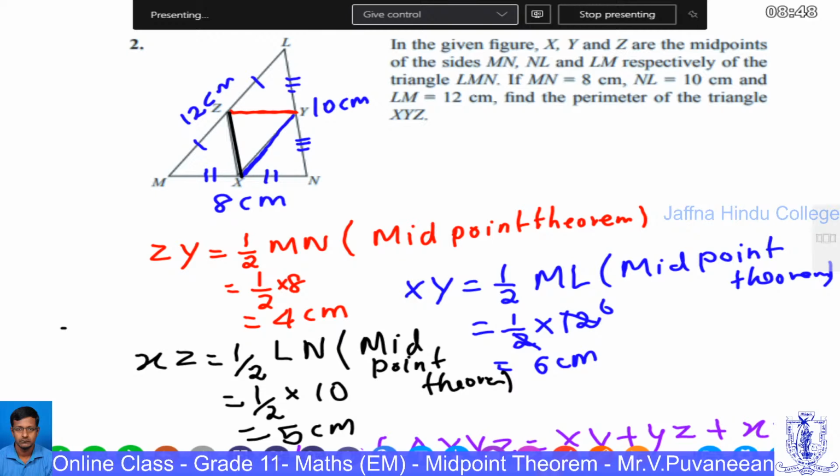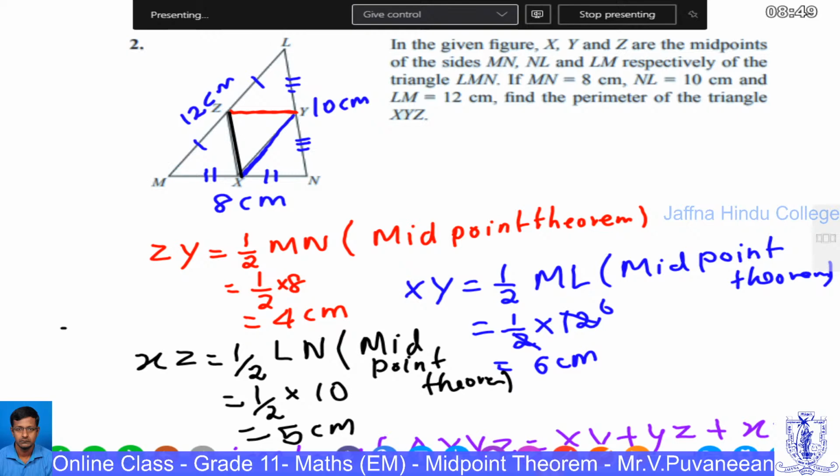Look at this. First, what is the perimeter of MLN? The perimeter of MLN is equal to 12 plus 10 plus 8. The perimeter of the larger triangle MLN is 30 centimeters.